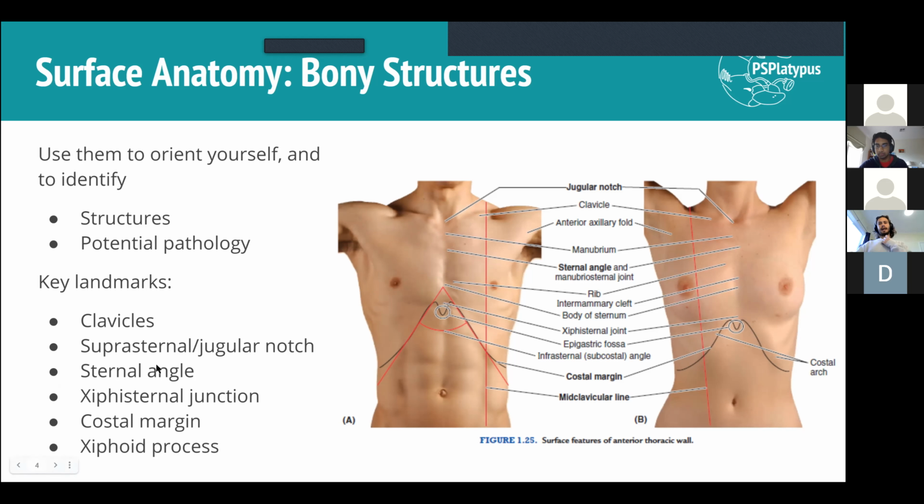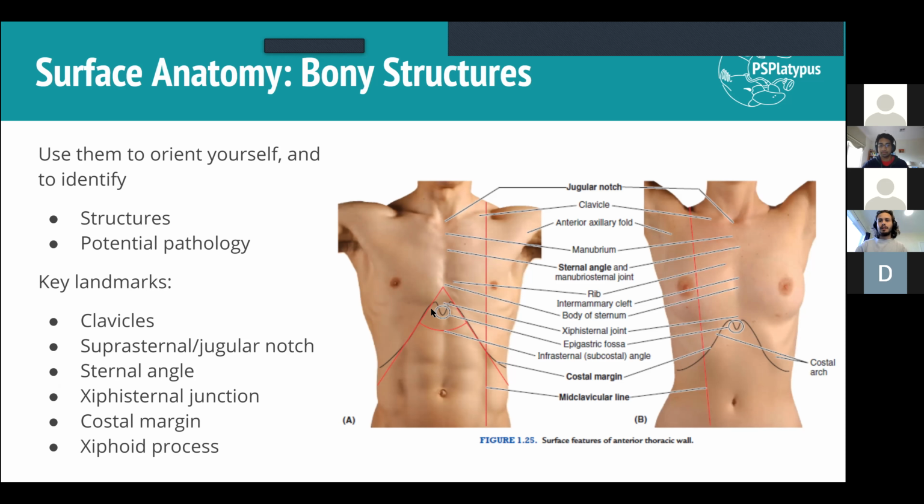Then we've got the sternal angle, which, if you travel down your sternum, is the meeting between the manubrium of the sternum and the body of the sternum. The xiphisternal junction, or xiphisternal joint, is the meeting between the sternal body and the xiphoid process. So that's the second and third parts of the sternum, the meeting there.